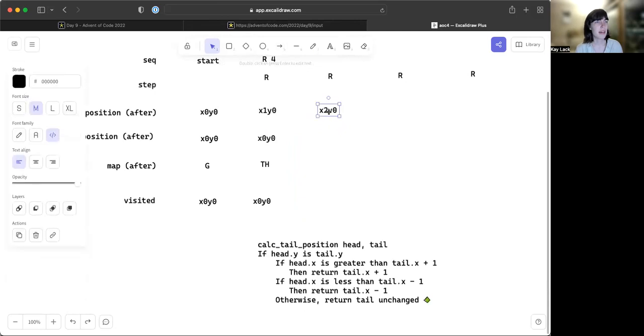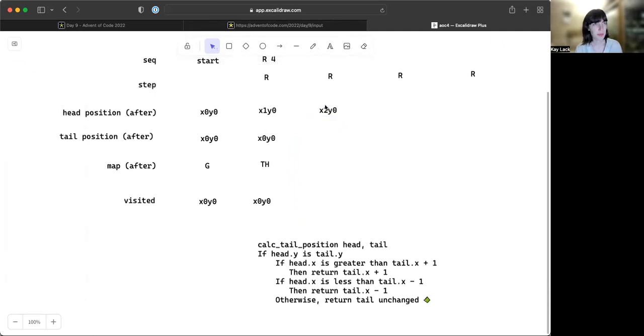Okay, so x is now 2. Let's apply this logic. If head y is tail y, which it is, if head x is greater than tail x plus 1, which is 2 greater than 1, yes, then return tail x plus 1. So we're going to add 1 here.